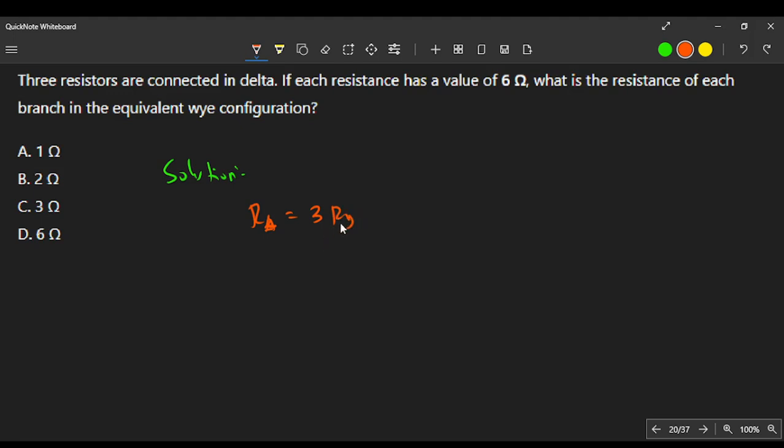We are solving for RY, so we move the 3, and RY is just equal to R delta over 3. Substituting 6 ohms, the value of the resistance connected in delta, divided by 3, we have 2 ohms. So the correct answer is letter B.